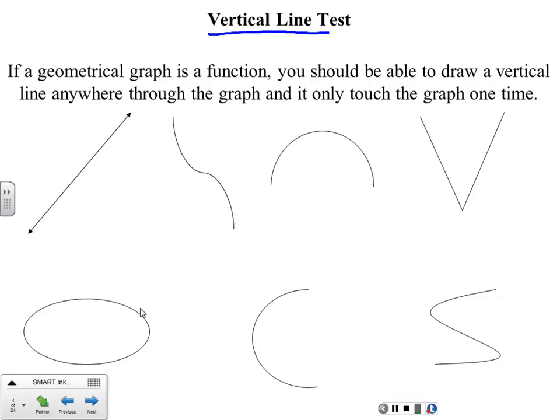So if I draw a vertical line, let's say right here, let's look at some of the ordered pairs, okay? This ordered pair is -7, 4. This ordered pair is -7, 2. This ordered pair is -7, 0. This ordered pair is -7, -2. This ordered pair is -7, -4. Is this vertical line a function?